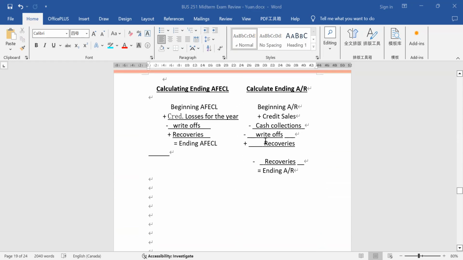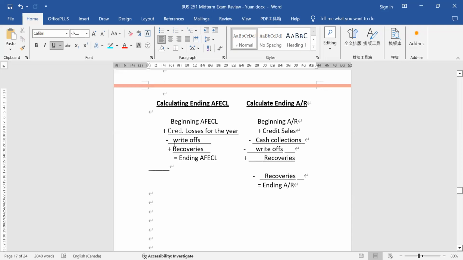So actually I'm using the second method. We have to add the recoveries and at the same time you have to subtract the recoveries at the same time, at the same amount. So there's no need if it's not set in the context that only a partial of the recoveries was collected. So we assume that we collect almost everything, all the amount, the full amount of the recoveries. So you add something and then you subtract something, so it's zero. So I didn't write it.